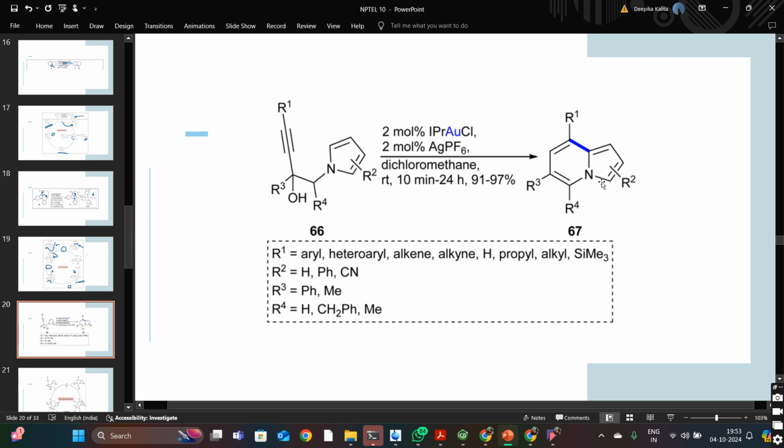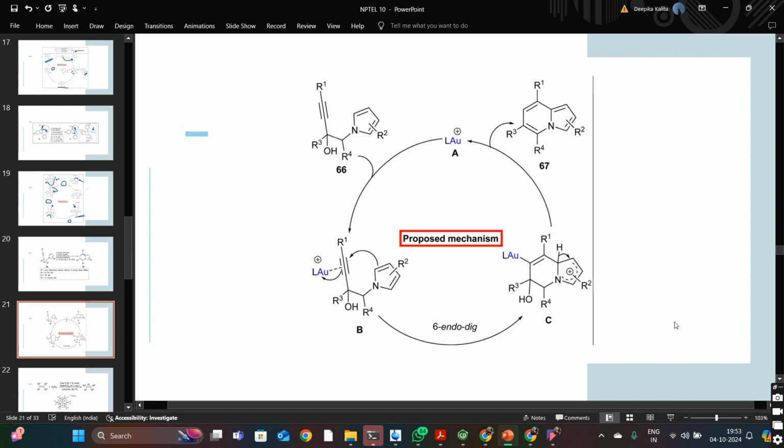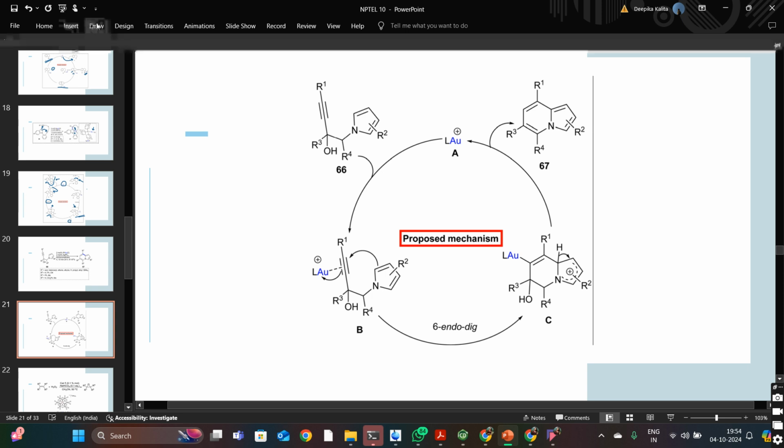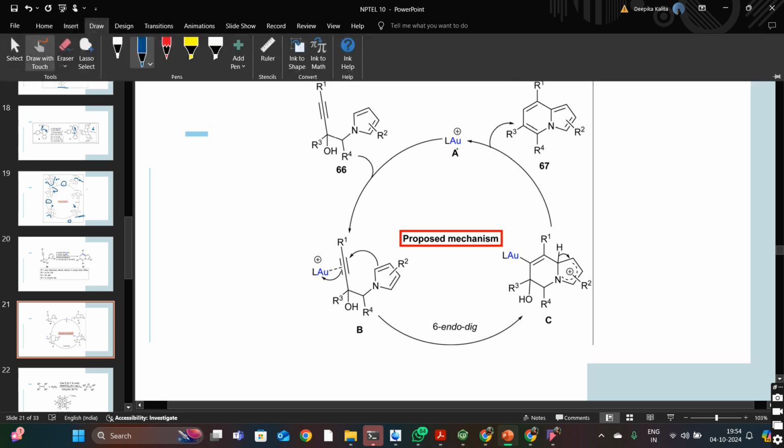Next, another example of hydroarylation, which is catalyzed by gold and silver. Let us see how it is happening. Okay, so the mechanism will start from here.